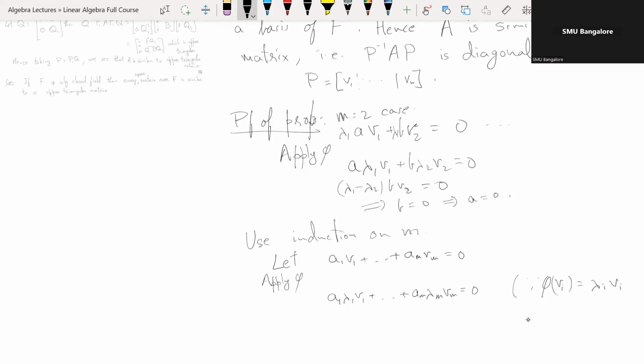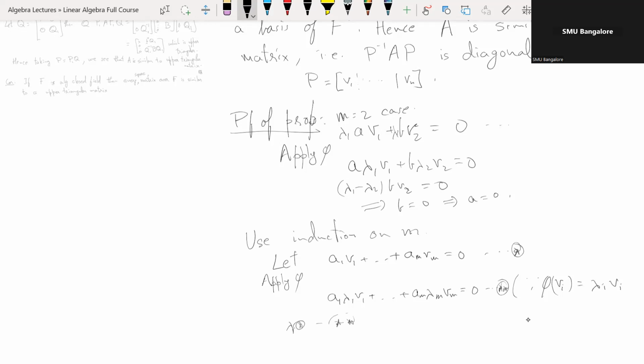Let's call this star and this double star. What we do is lambda 1 times star minus double star.